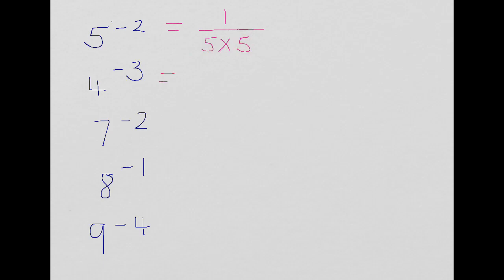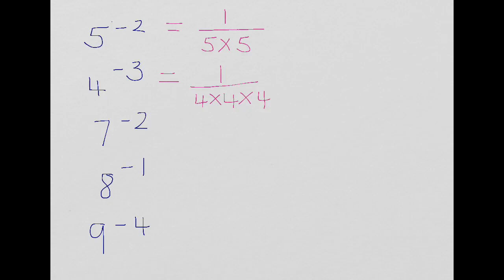So here, again, I have that negative, so it's the reciprocal of 4 cubed. So 1 over 4 multiplied by 4 multiplied by 4. 4 cubed, that's 4 times 4 times 4, or 4 multiplied by 4 multiplied by 4.